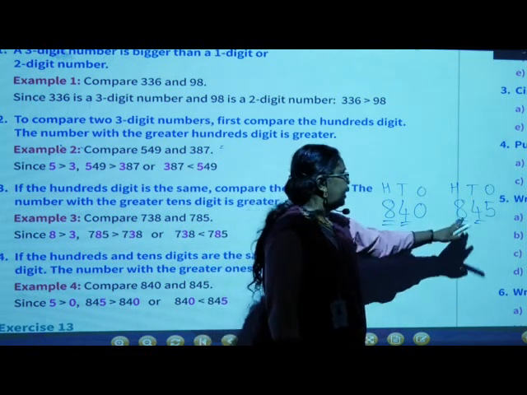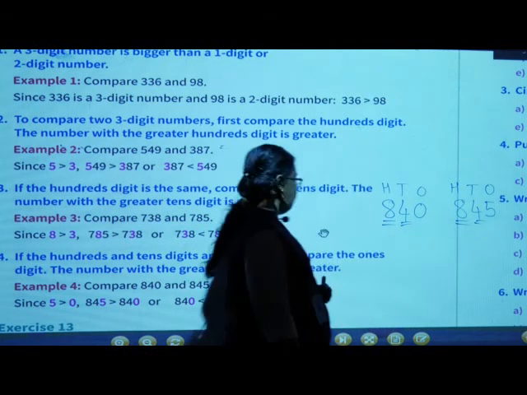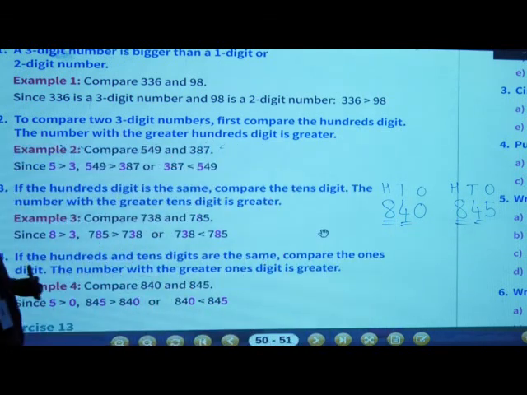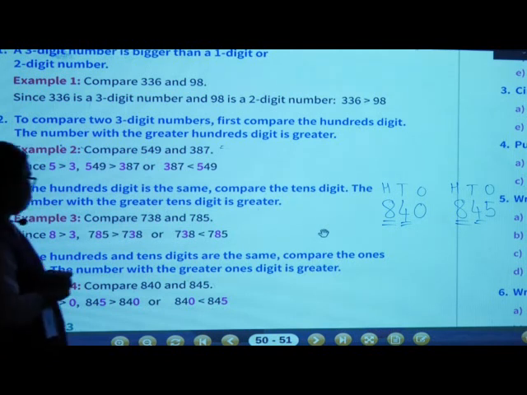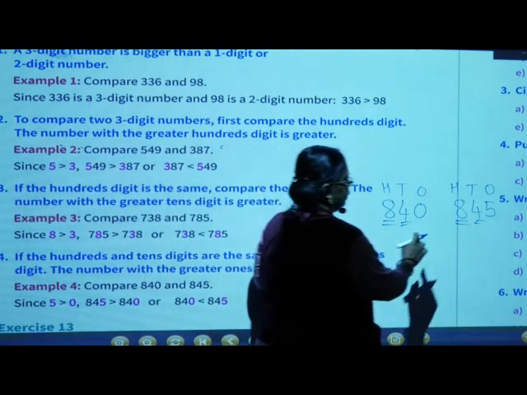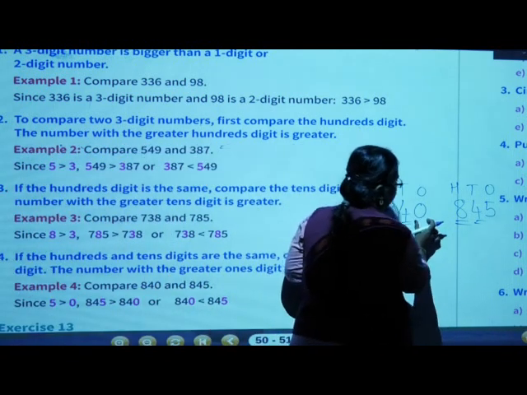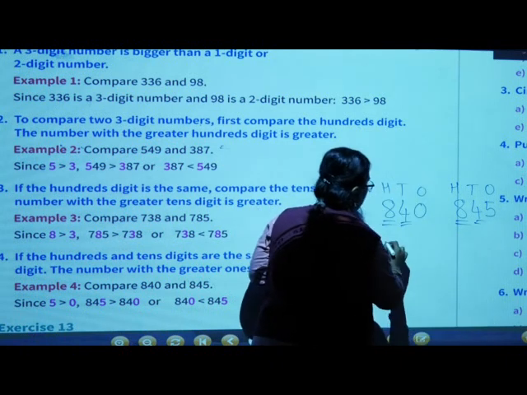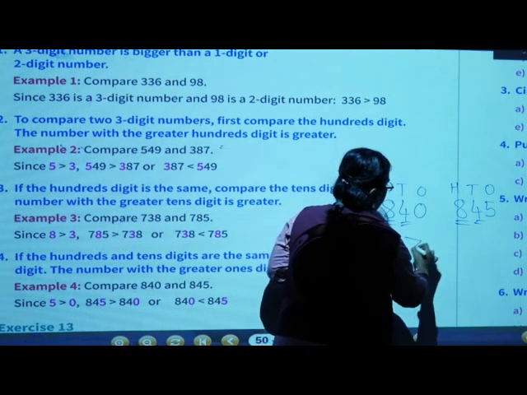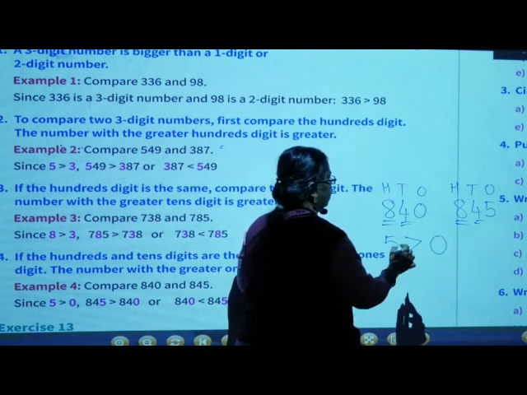8, 8, 4, 4. Then what will you do? Now see, compare 840 and 845. So what remains now? 5 and 0. What remains? Ones: 0 ones, 5 ones. So 5 is greater than 0.